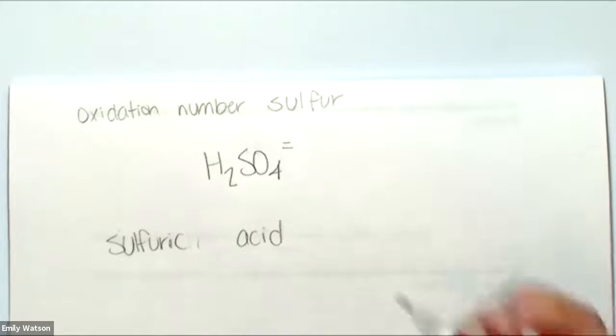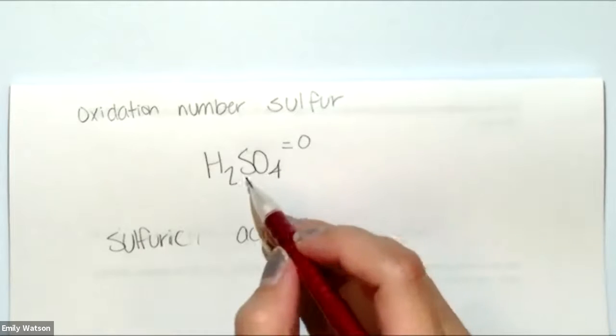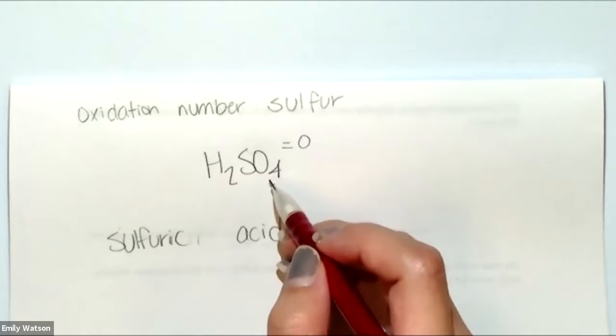Zero. Why is it zero? Because no charge is given. If that compound had a charge, it would list the charge for you. If there's no charge, you assume zero. It's neutral, right? Okay. So oxygen is an element that has a set oxidation number.